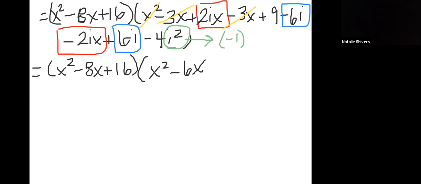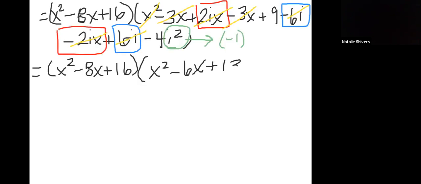The 2ix and the 6i's, those cancel. All right, and I have a 9, and I have a plus 4 now. So 9 plus 4 is plus 13.